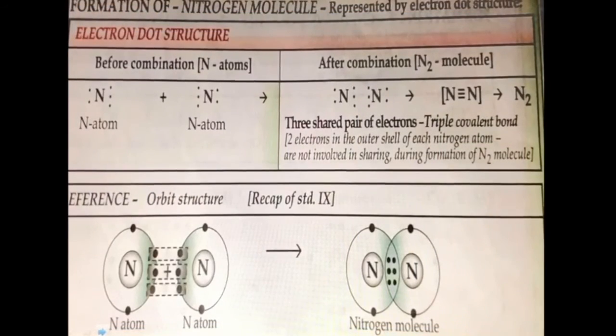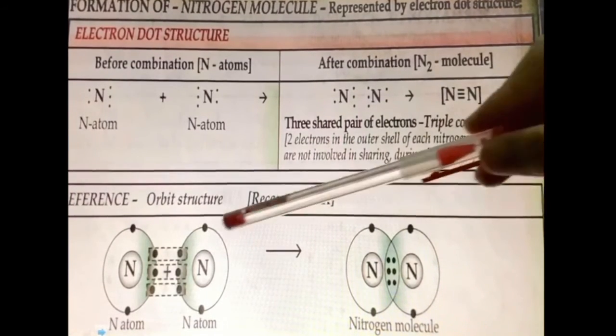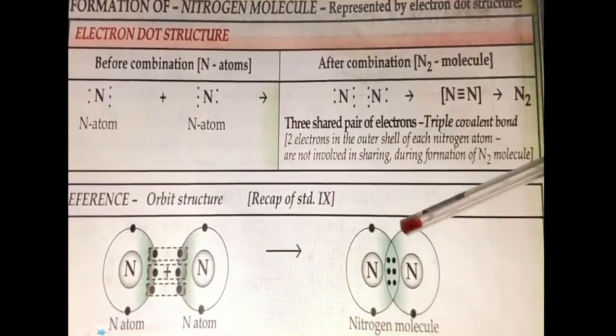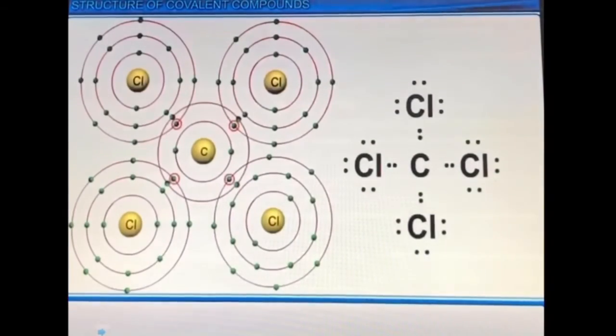Next is electron dot structures. This is the structure of a compound in which the valence electrons involved in bonding, covalent or electrovalent, are shown. The compound is carbon tetrachloride, CCl4. In CCl4, the central atom is carbon, with valency 4 and 4 electrons in its valence shell, surrounded by 4 Cl.